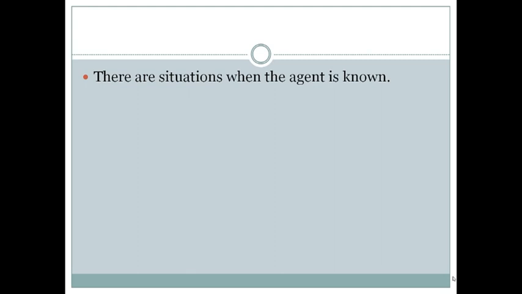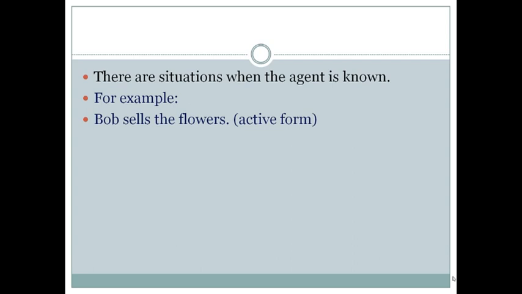There are situations when the agent is known. For example, Bob sells the flowers. This is an active sentence, and we know who the agent is.